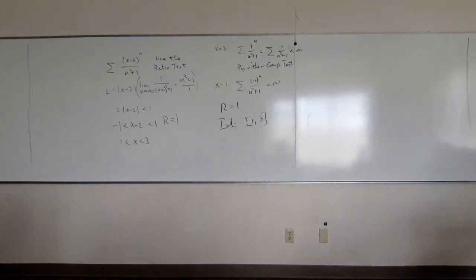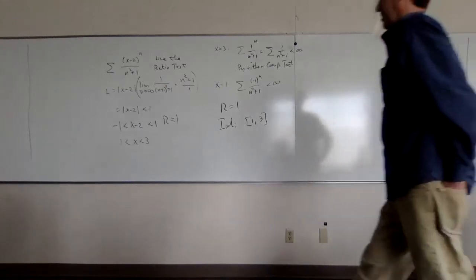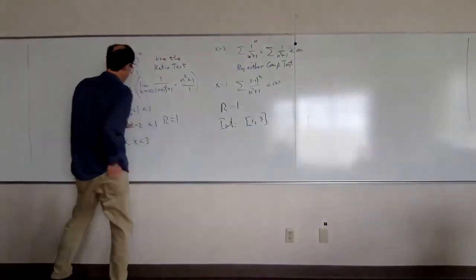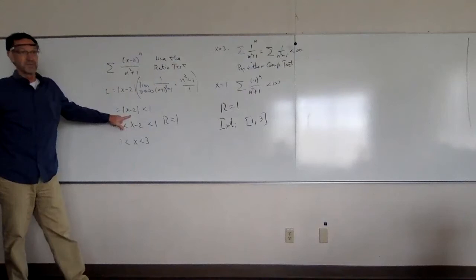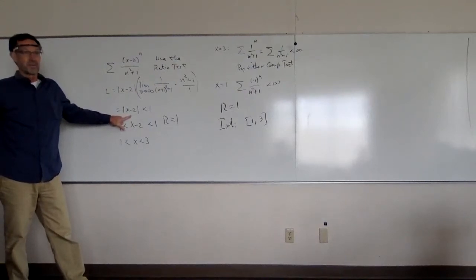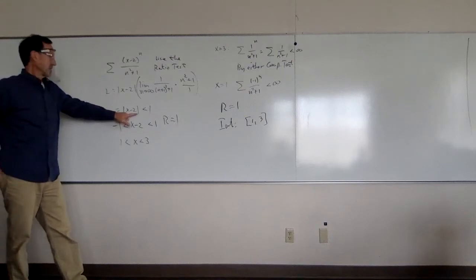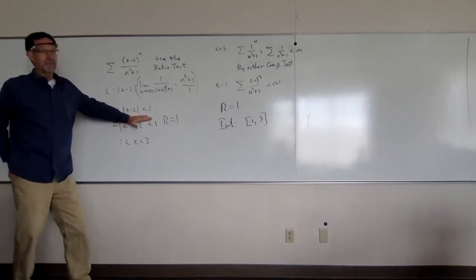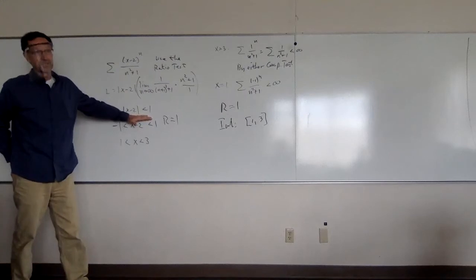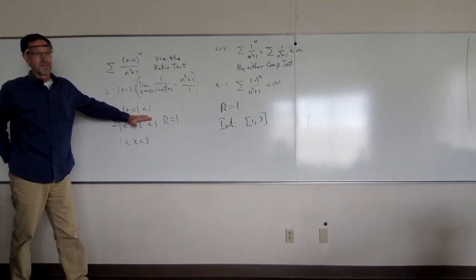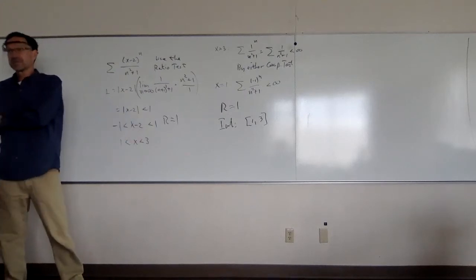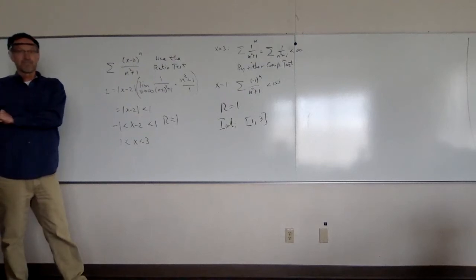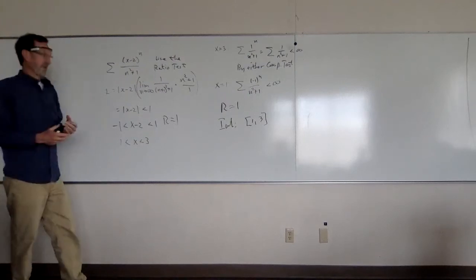All right, so the value of the limit is the absolute value of x minus 2. Okay? And then we just solve that, we need that to be less than 1 for the ratio test. Okay, any other questions? All right.